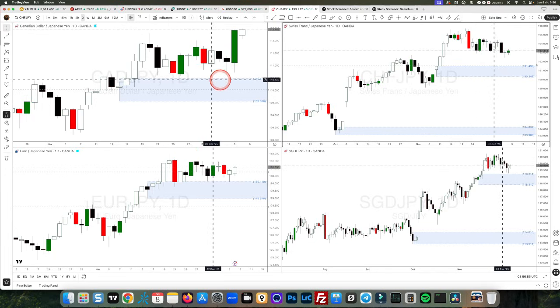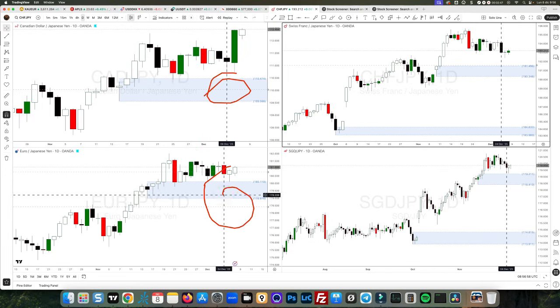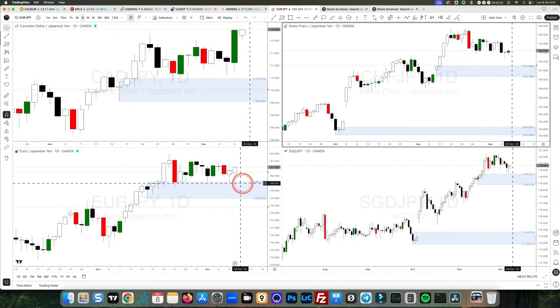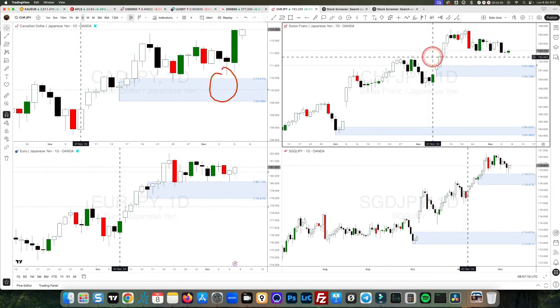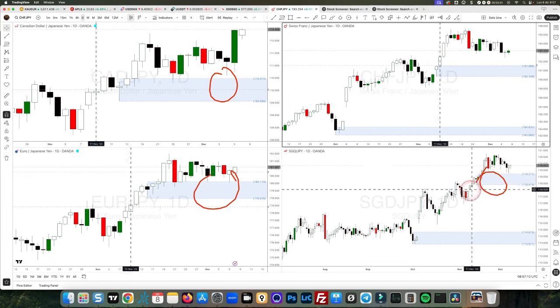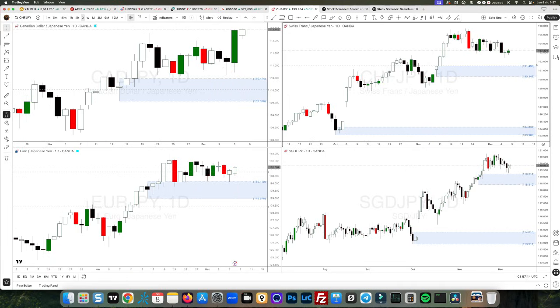Many of these zones were discussed in the Caroline Trading Academy, reminding us once again that the fundamentals for forex get priced into these imbalances, regardless of whatever happens in the world, to be honest.